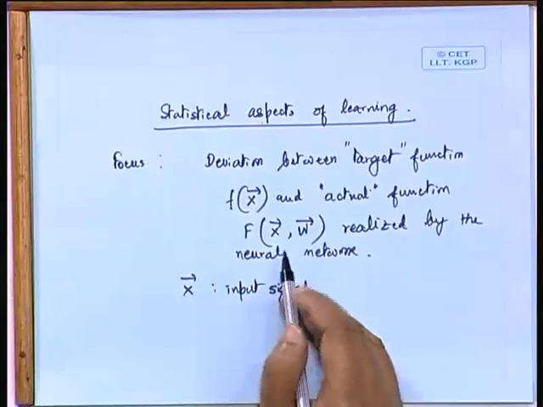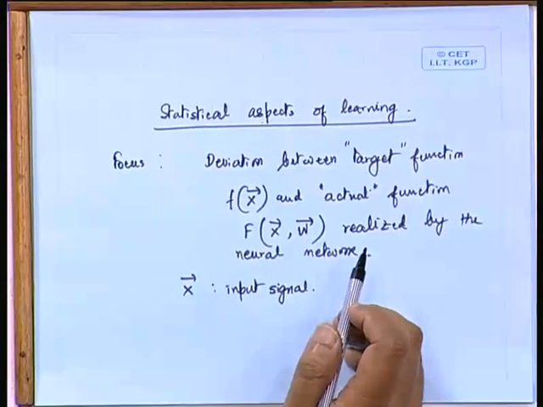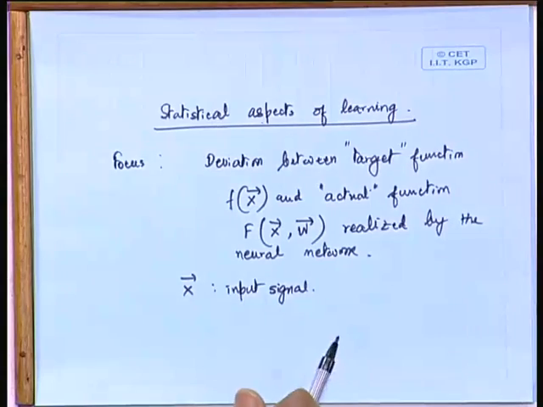In fact, output could be a vector or a scalar, anything. Then that mapping function that the neural network is realizing will be a function of x vector as well as the w vector, the weight vector or weight matrix, whatever way it is.